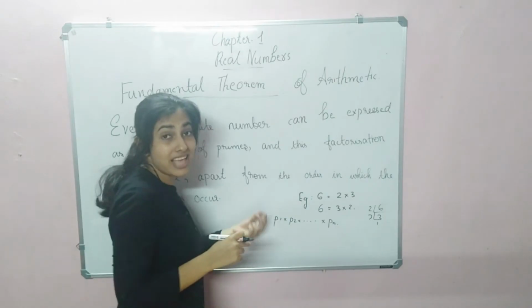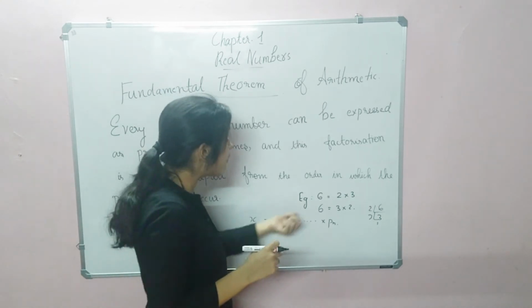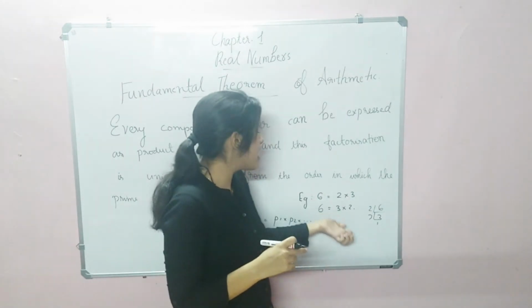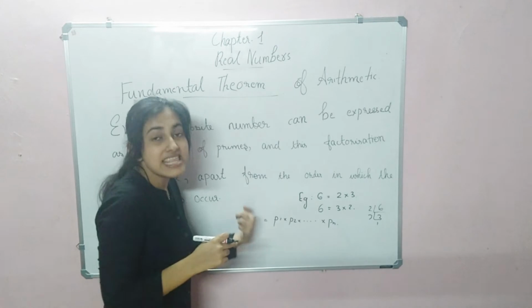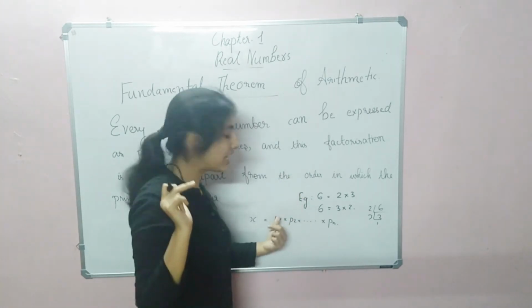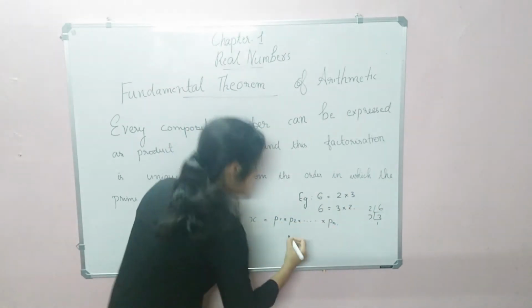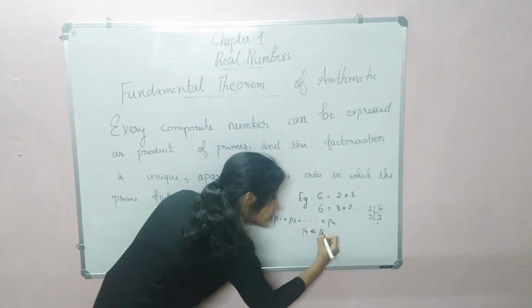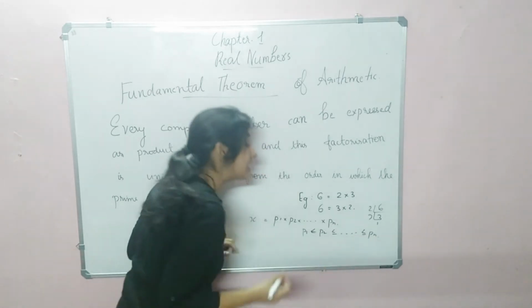If we generalize and consider x to be any composite number and p1, p2, etc., pn are the primes involved in the prime factorization of x, and if we fix that we are going to write these prime factors in ascending order, which means p1 less than or equal to p2 less than or equal to etc. pn, then this is unique.